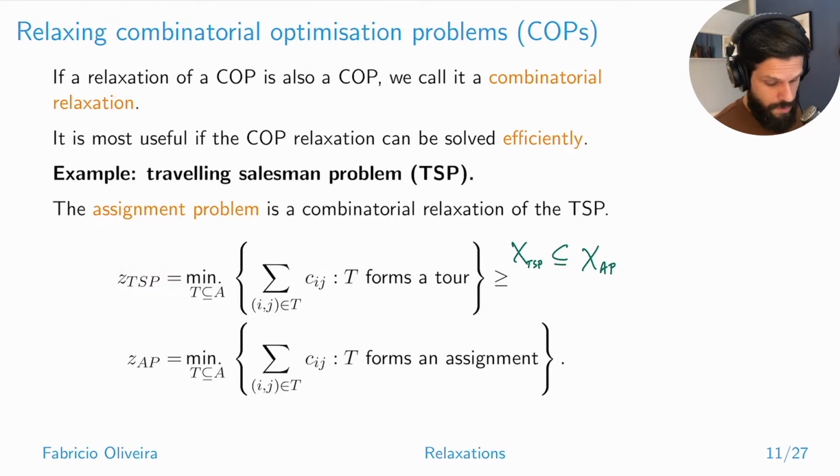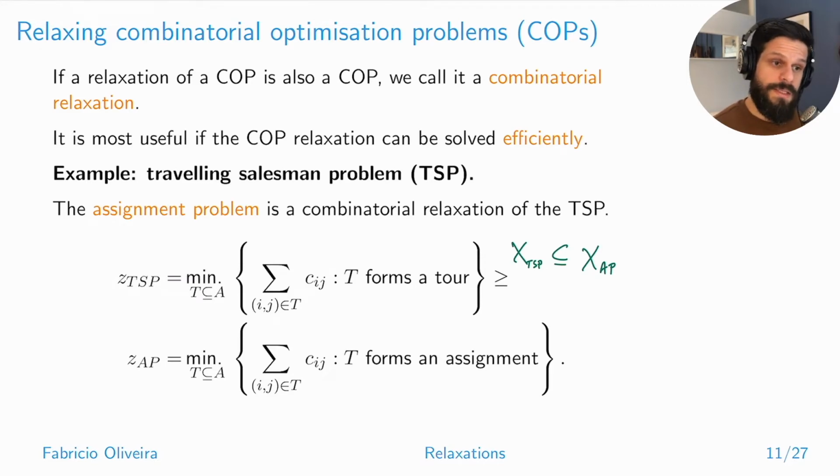And therefore, remember that we generate minimum cost tours. If you look at an assignment, there are going to be quite a few subtours there for sure. That's going to be a dual bound, so from below. So one way is you can generate, and we played with this idea in the exercises for the TSP: solve as an assignment problem, check if there are subtours, add constraints, solve again as an assignment problem with these new subtour elimination constraints, and keep doing that until you find a feasible solution.